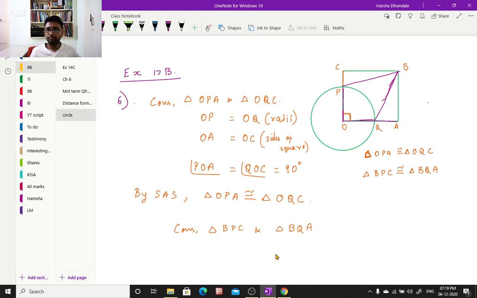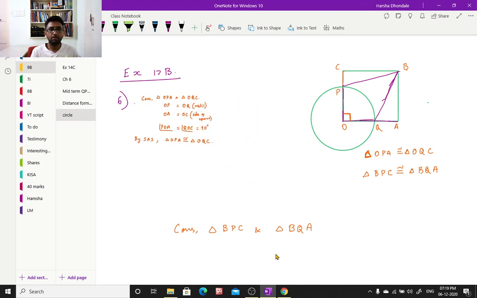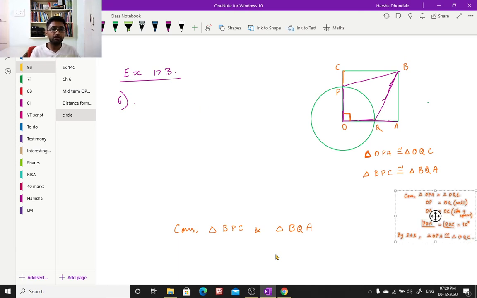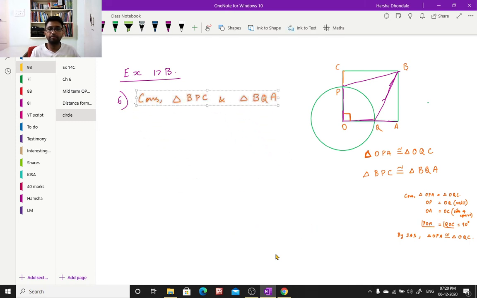I need this diagram. What I'll do is I will minimize this a little bit and bring this thing here. Okay, done. Now let us come to this. Consider triangle BPC and BQA. If you consider these two triangles, I can say that BC and BA are equal.